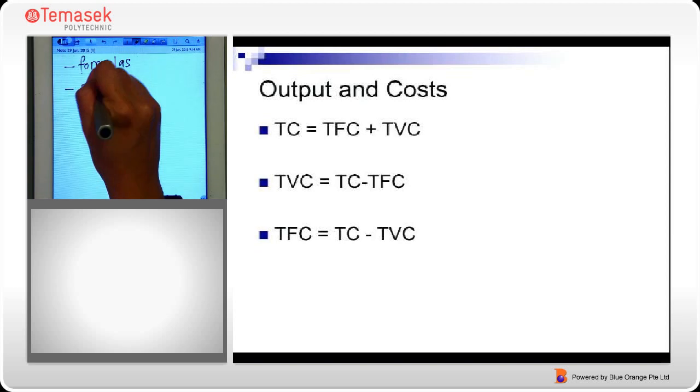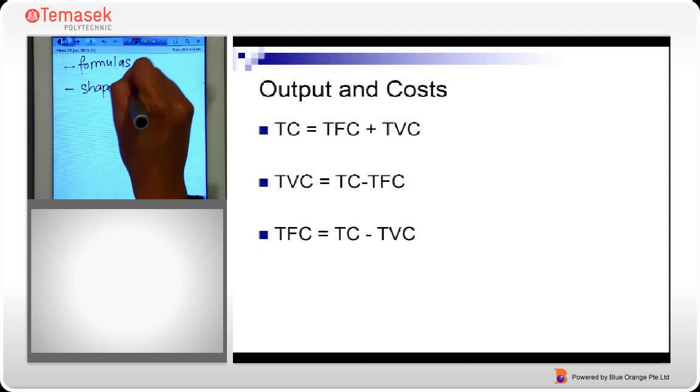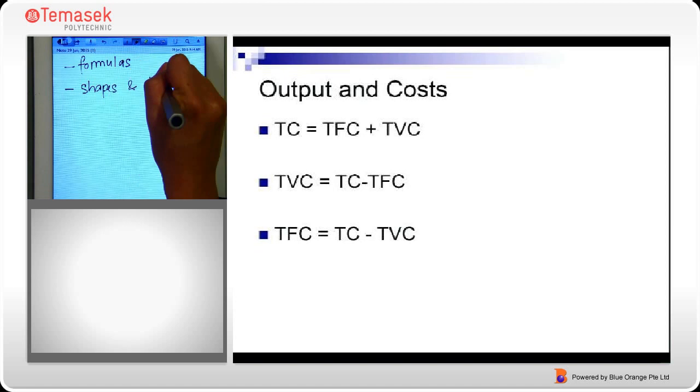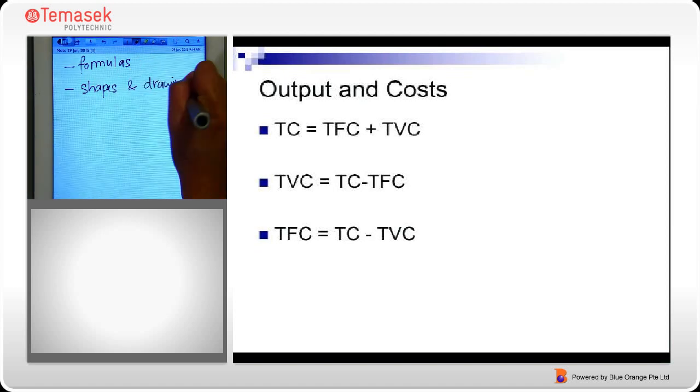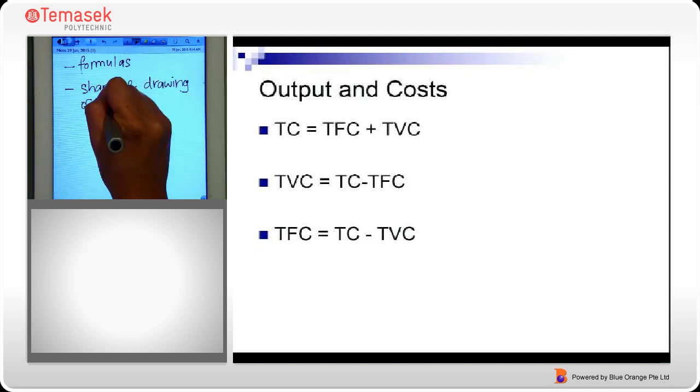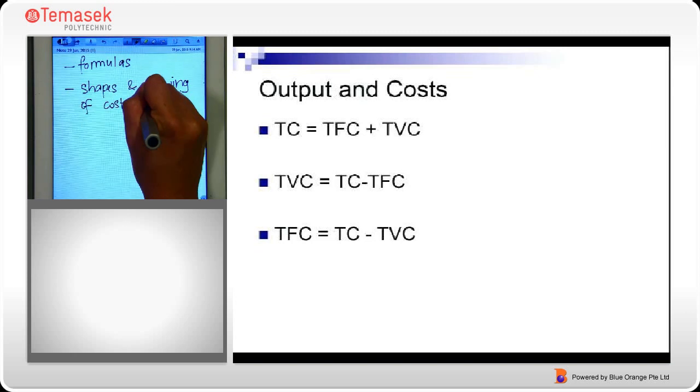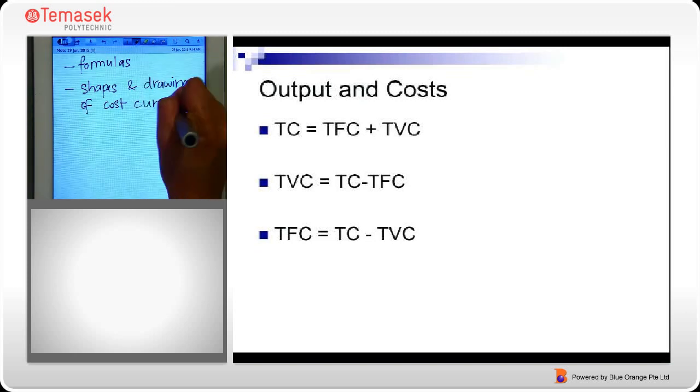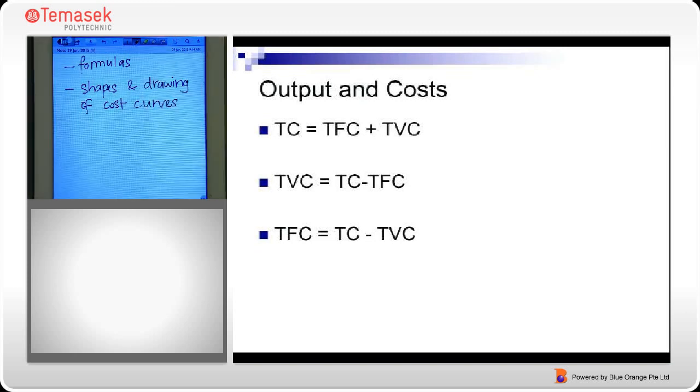Next, the shapes and drawing of cost curves. For example, TFC is horizontal, TVC and TC are all upward sloping.